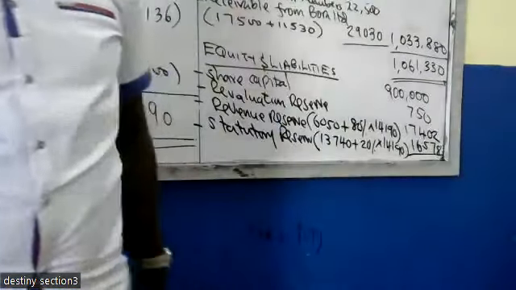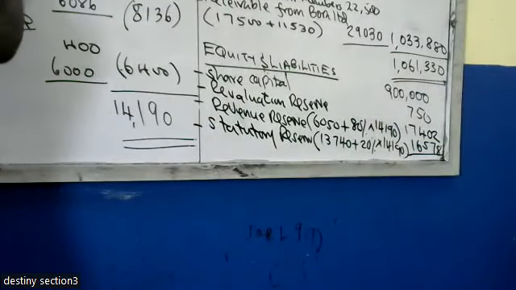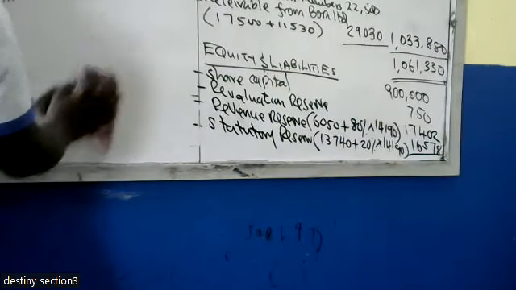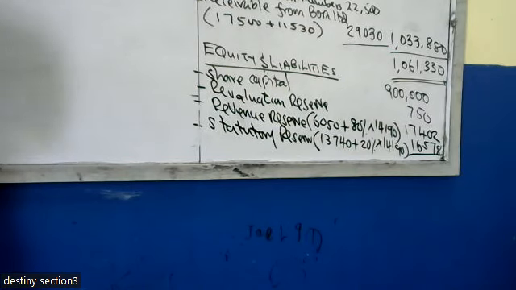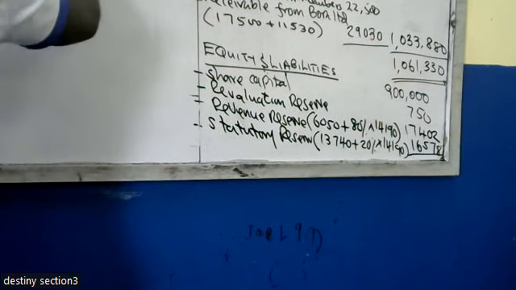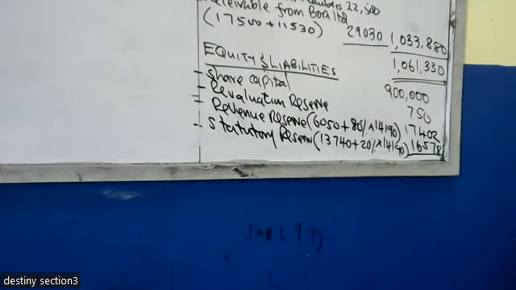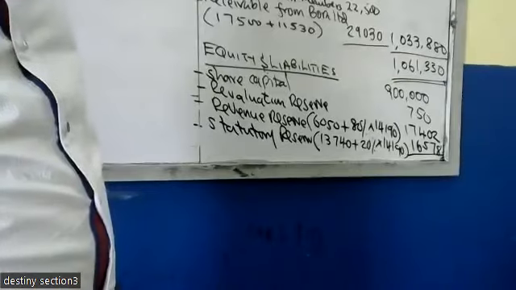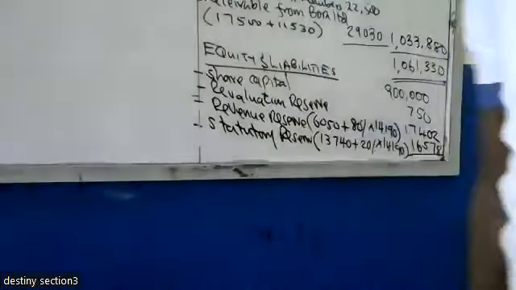Can you add? Online, I'm changing my camera. How much is the total for equity online?